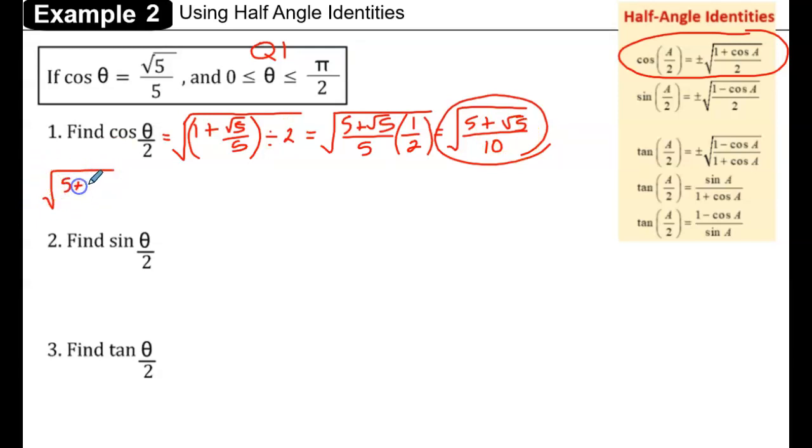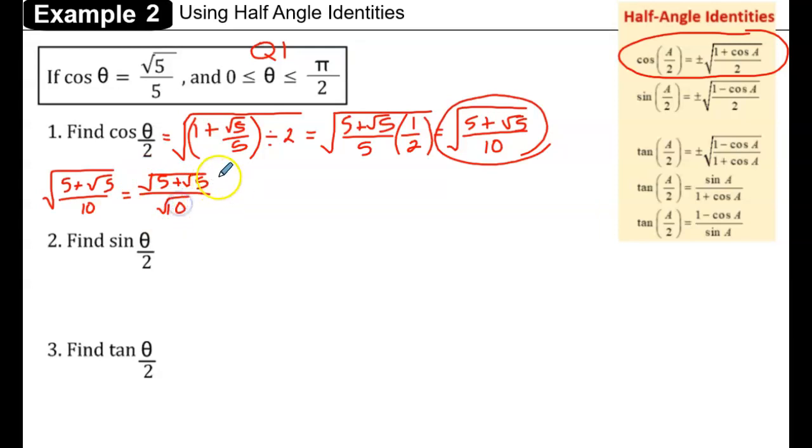We take our fraction here under the radical, and recall that a fraction under a radical is the same as the square root of the numerator divided by the square root of the denominator.